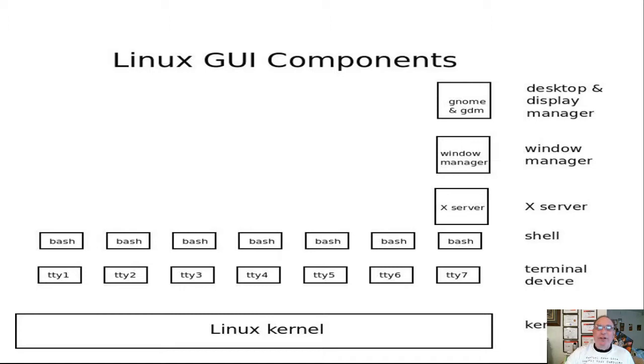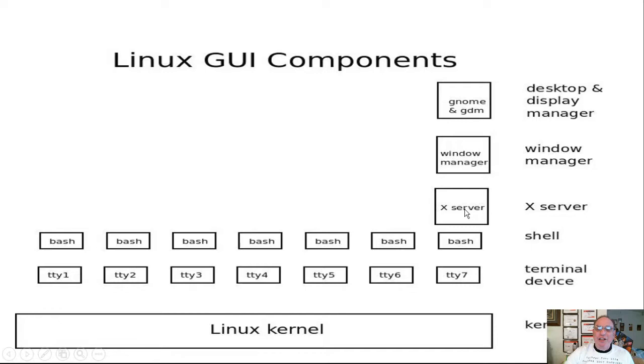The software that makes the graphical user interface possible is up here. You have your Xserver. Xserver allows you basically to use a mouse. So your mouse comes in here at Xserver. The window manager allows you to draw on the screen, and up here your desktop and display manager actually lets you have icons, graphical user commands, folders, click, drop and drag, that sort of thing.